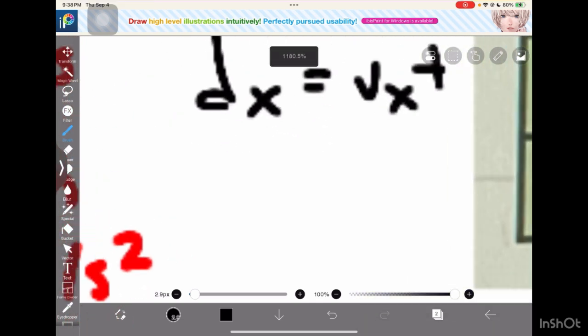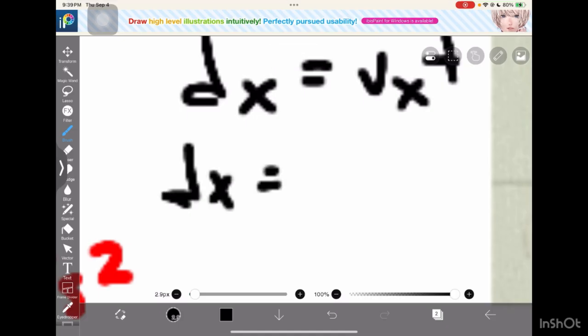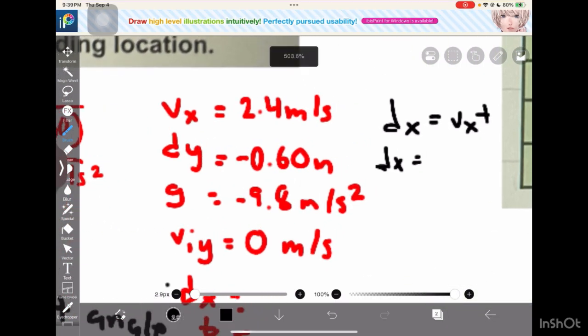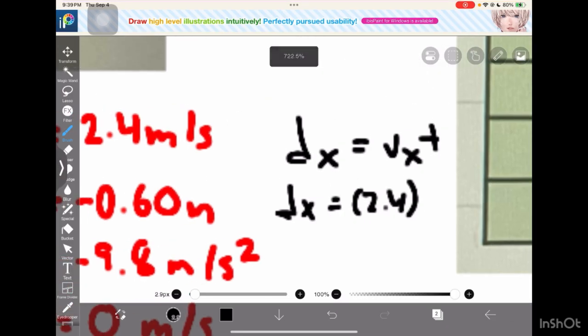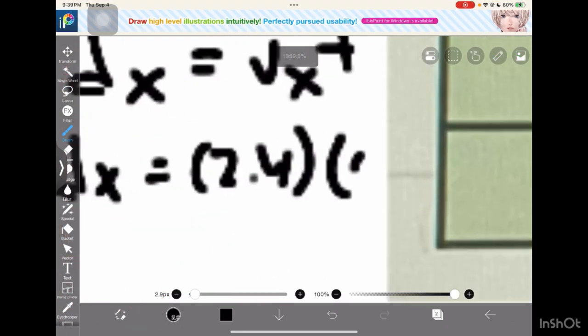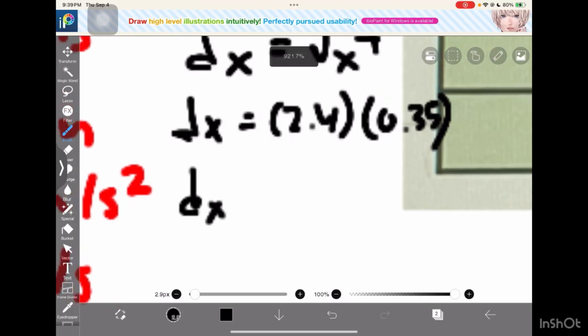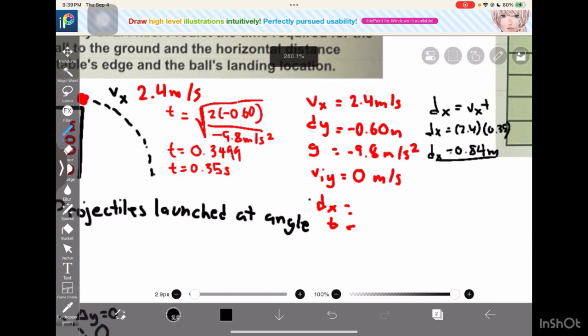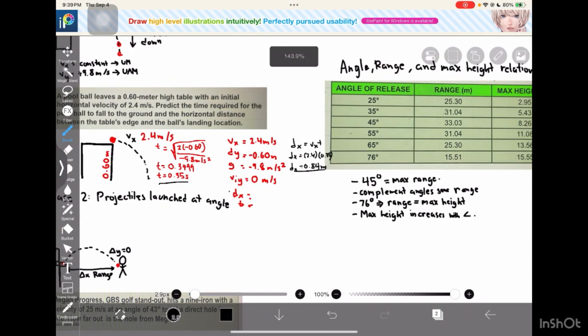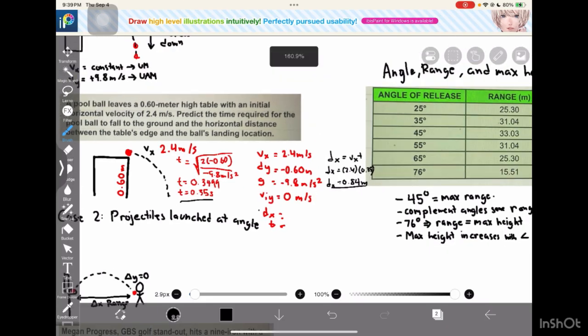So let's add it here. So we just put d sub x is equal to the velocity of x, 2.4, times the time, which is 0.35. d sub x is equal to 0.84 meters. So that's our answer, and this is our other answer. All right, I hope it's clear.